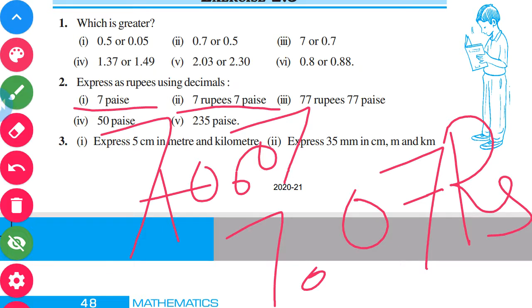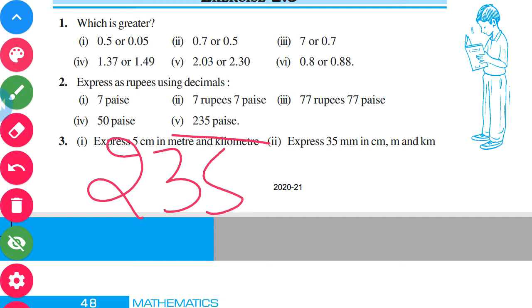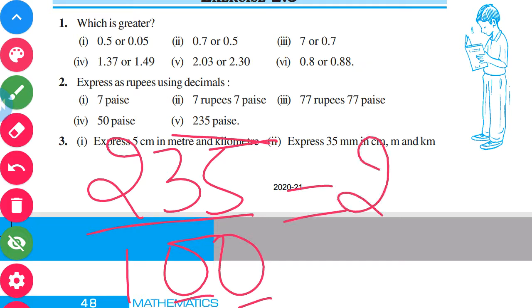Okay, let me take one more example for you. This is 235 paisa. Now 235 paisa, again I am going to divide it by 100, as 1 rupee is equal to 100 paisa. And if you divide, you can just see here, if you see 2 zeros, here only you can put a point and your answer becomes 2.35 rupees. But if you want to ask me how, ma'am, you have to go with a simple division, children.